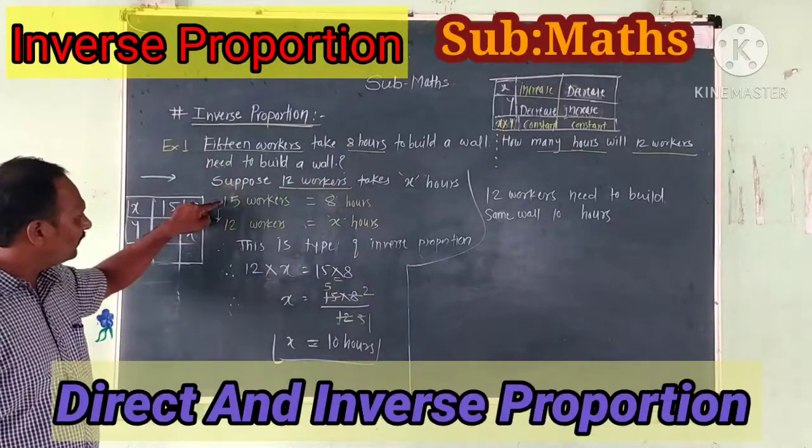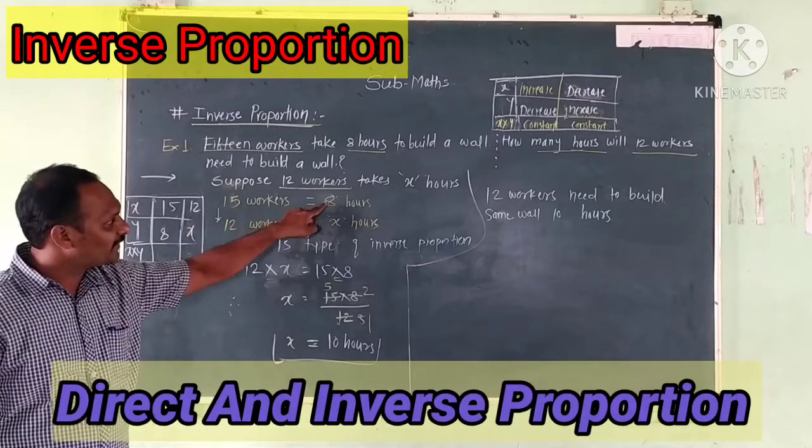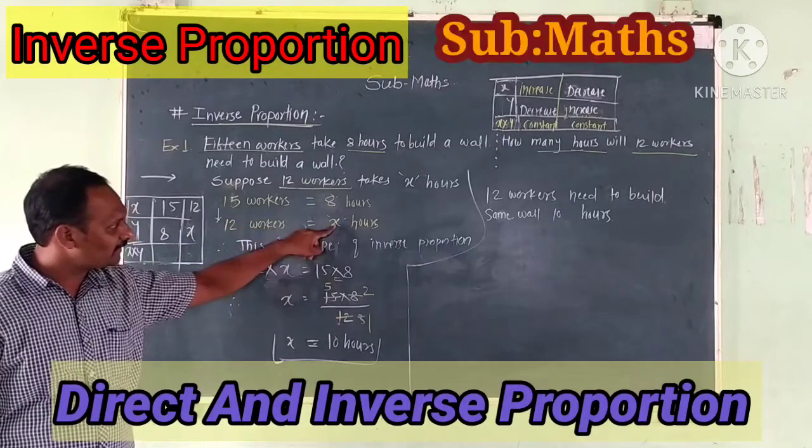You see 15 and 12, the workers are decreased, but the hours increase, and the value of x is 10.